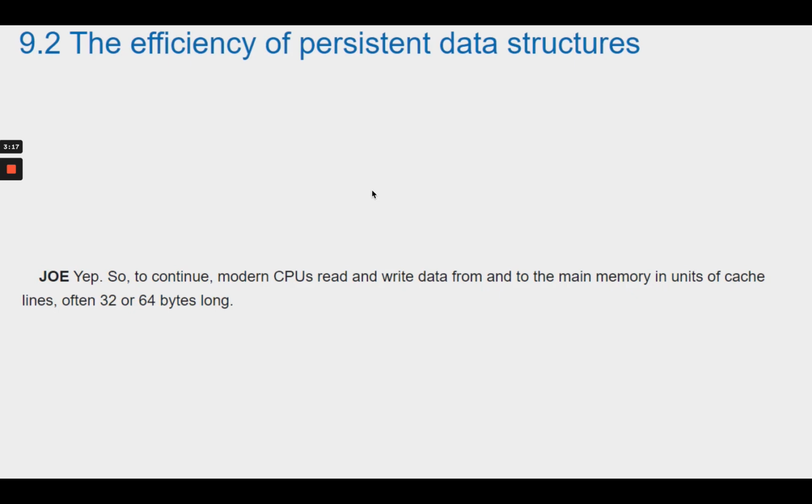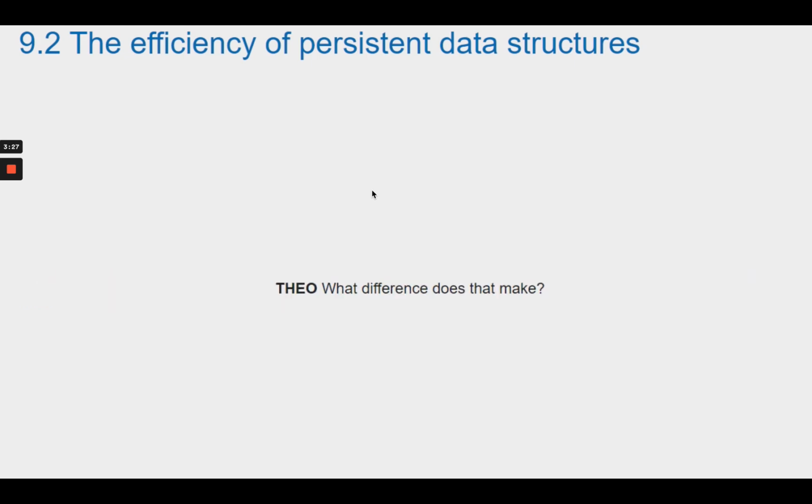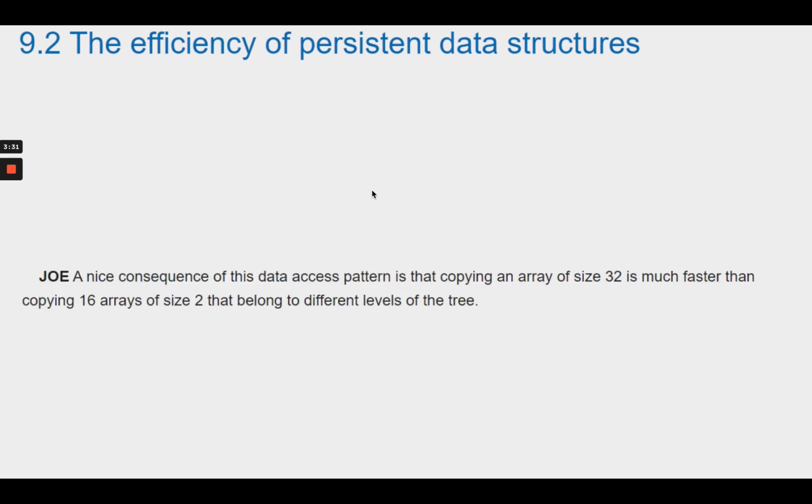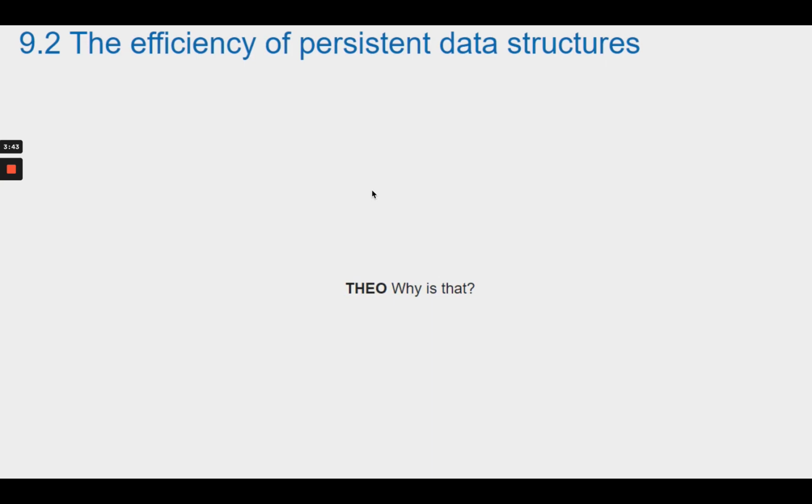Joe: Yep. So, to continue, modern CPUs read and write data from and to the main memory in units of cache lines, often 32 or 64 bytes long. Theo: What difference does that make? Joe: A nice consequence of this data access pattern is that copying an array of size 32 is much faster than copying 16 arrays of size 2 that belong to different levels of the tree.